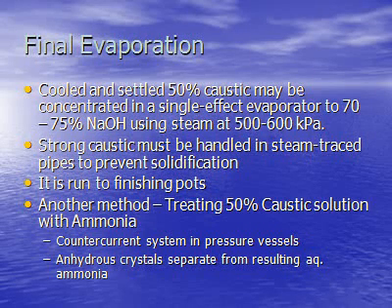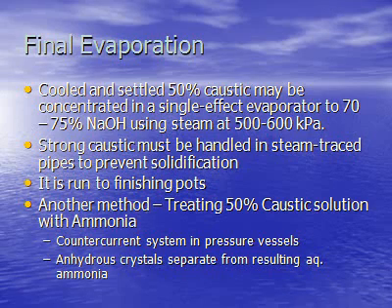In the final evaporation step, after cooling and settling, 50% caustic may be concentrated in a single-effect evaporator to 70 to 75% caustic soda using steam at 500 to 600 kilopascal. Strong caustic must be handled in steam-traced pipes to prevent solidification.